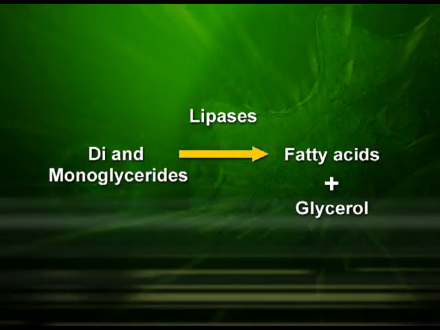So, it should break down further. It should come to more simple form or simplest form. That will happen in the presence of lipases present in Succus entericus, and now it will be converted to fatty acids and glycerol that you can absorb through the lacteal.